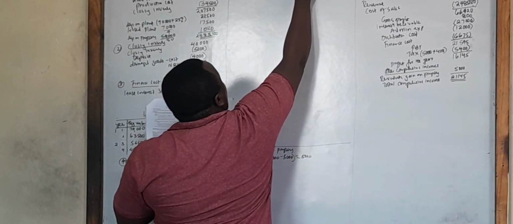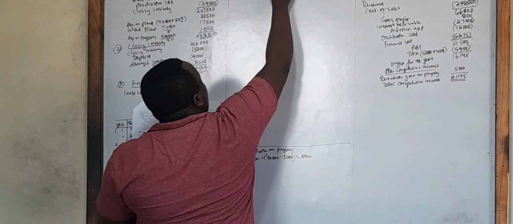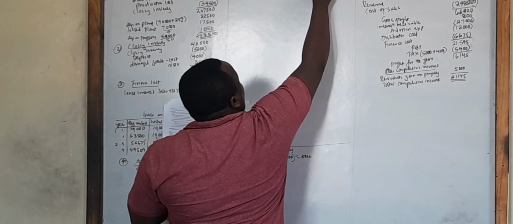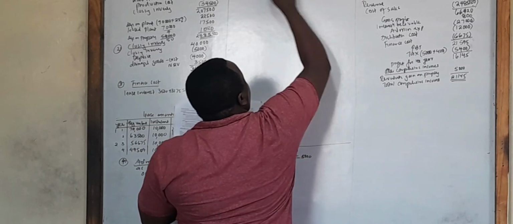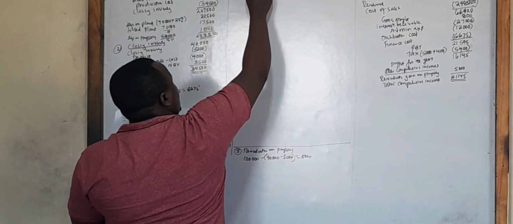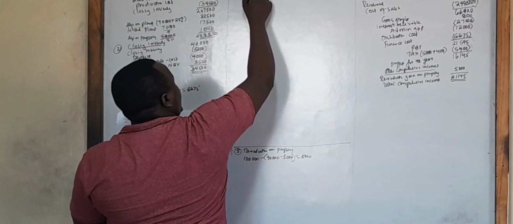Diploma, repeated, statement of financial position as at 30th April 2016. Start with the non-current assets. Start with PPE.